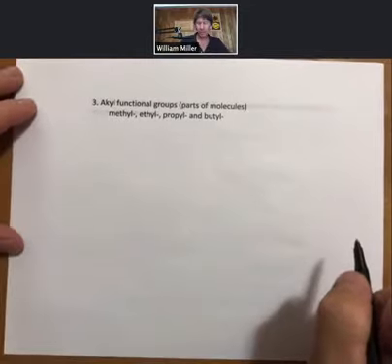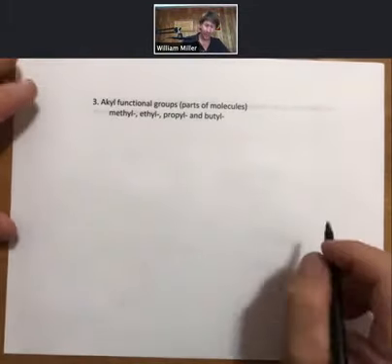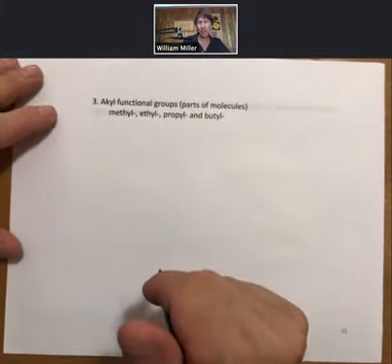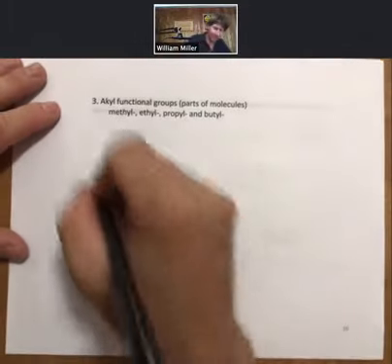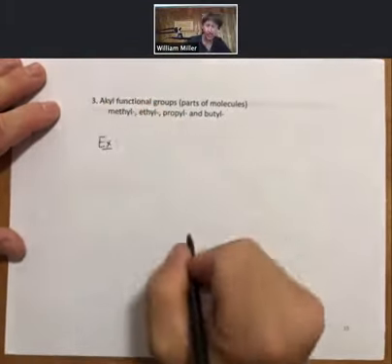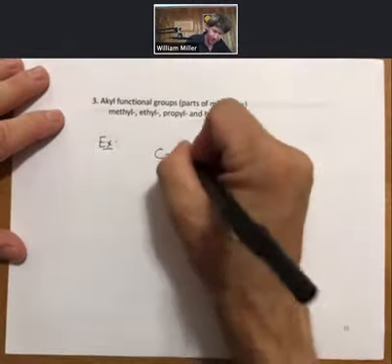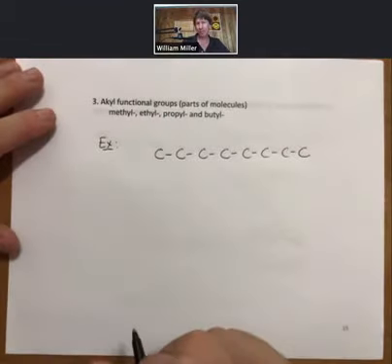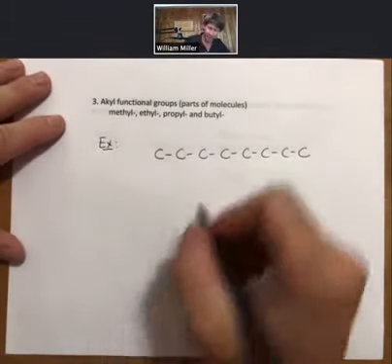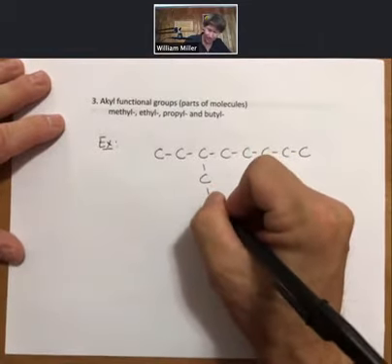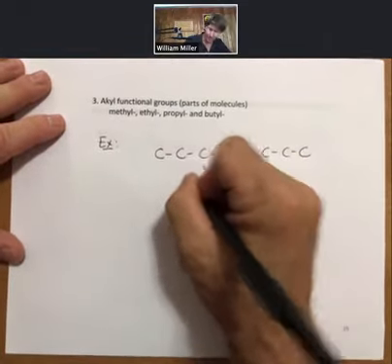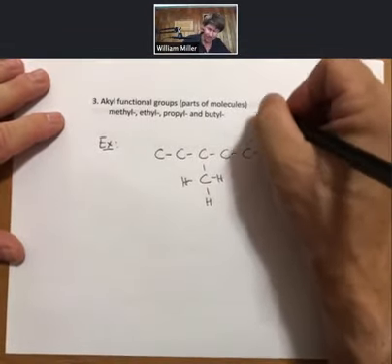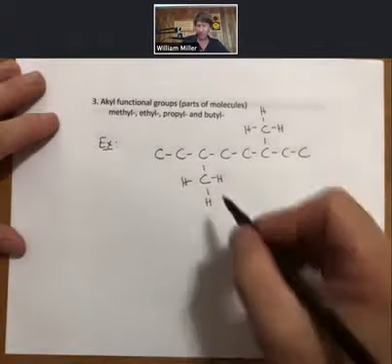Alkyl functional groups are going to be parts of molecules, and they're called methyl, ethyl, propyl, and butyl. And when I say parts of molecules, if we take, as an example, the following molecule, something with 8 carbons in it, and off of the sides, and off of another side, we have branches.